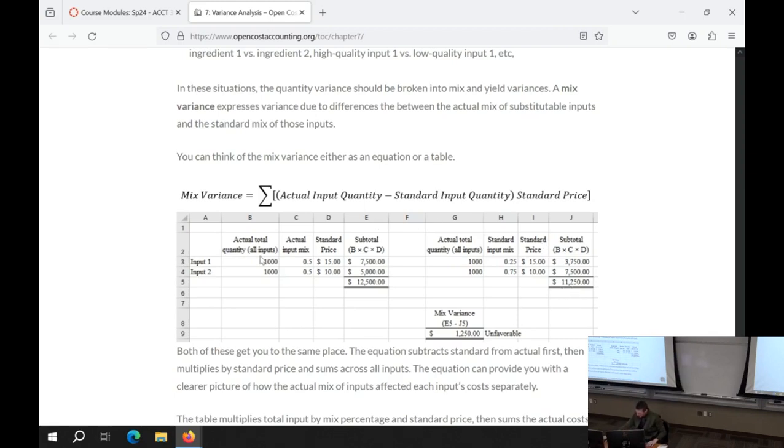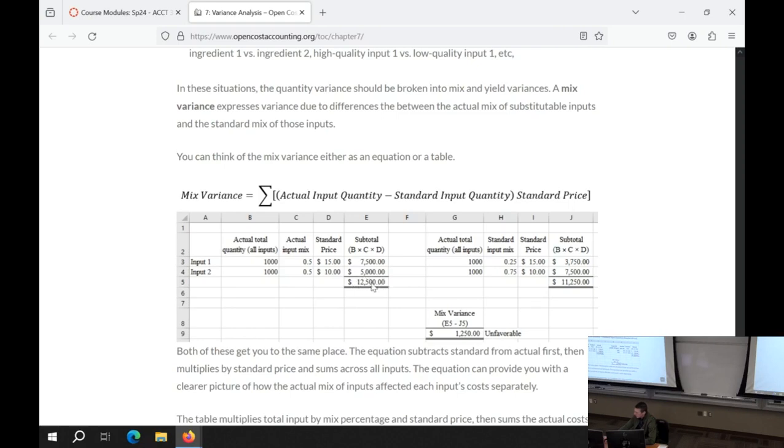Okay, now we'll go back over here. We have the same cells everywhere except for here. Input 1, well, we actually put in half of our input. Half of our total inputs here are input 1 at $15 an hour. We actually spent $7,500 if they're priced at standard price anyway, because of our mix error. And based on the mix, we would have spent $5,000 on input 2.